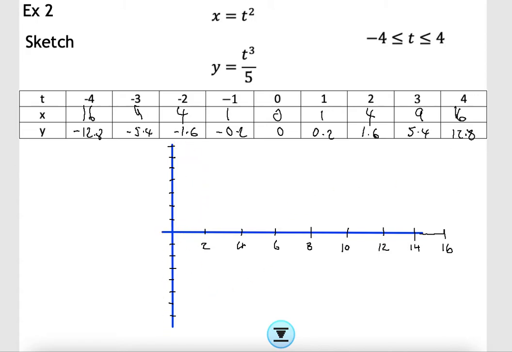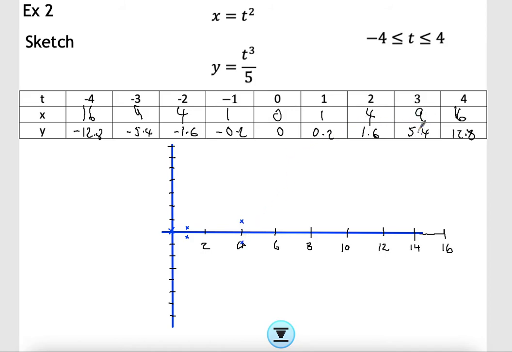Okay, so let's see what happens when we sketch it this time. So 0, 0. We've got 4, negative 1.6, and 4, 1.6. We've also got 1, negative 0.2, and 1, positive 0.2. So that's going to go about there and about there. 4, 1.6, so just below 2, so there, and it's going to be there.